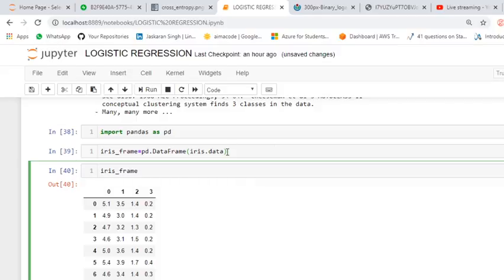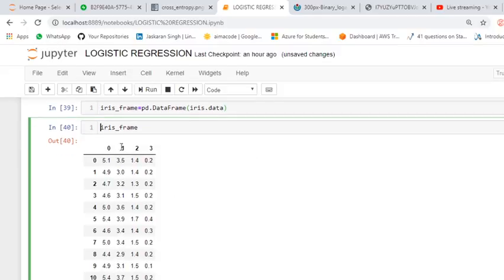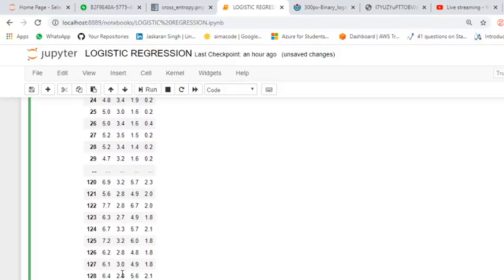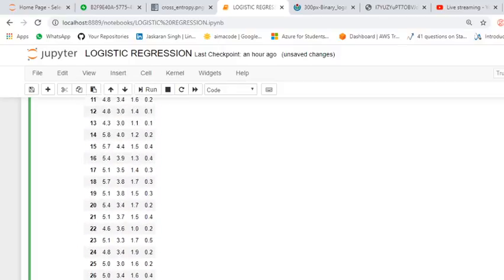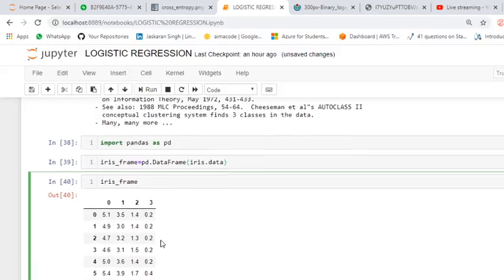All right, iris.data. These are all the values of these data points.